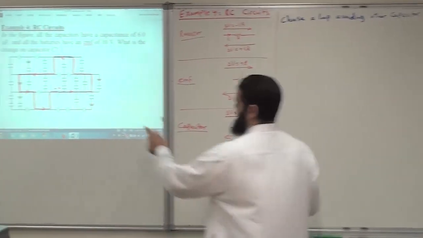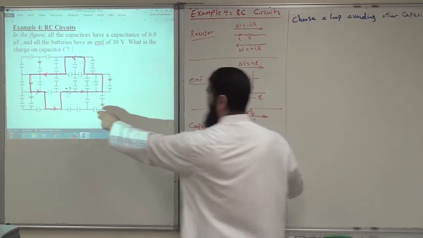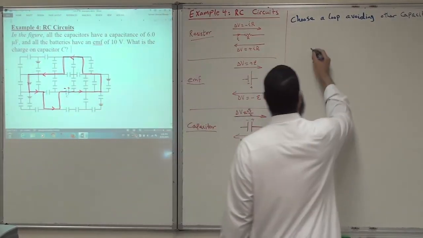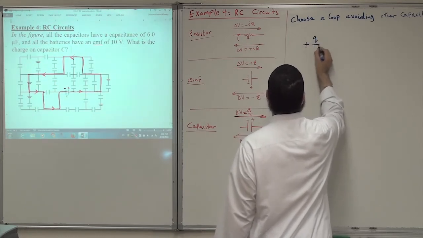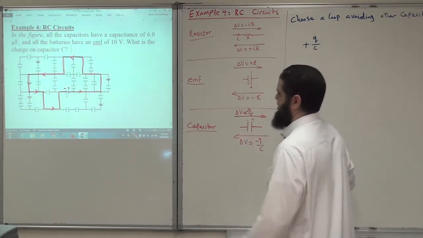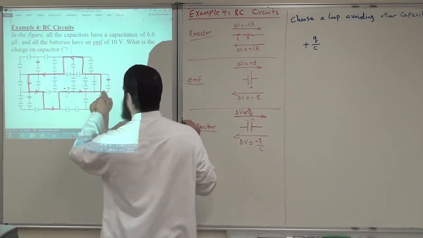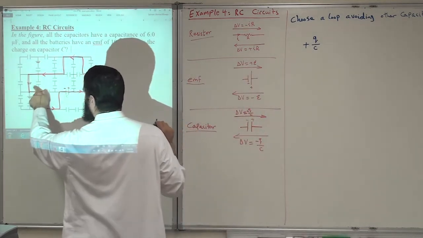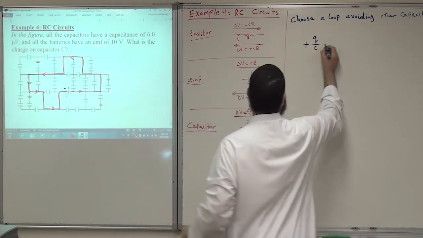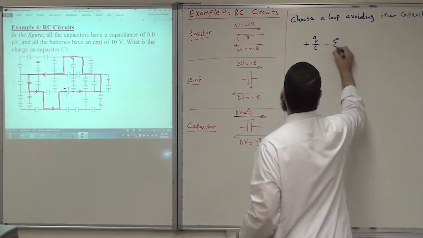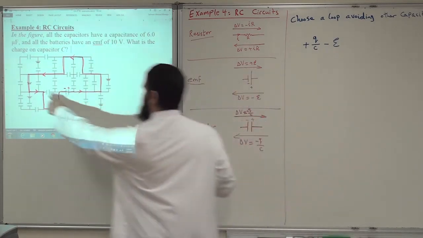Let me apply the Kirchhoff rule here. I am moving through a capacitor from negative to positive, so this will give me plus Q over C. Here no component until I go through this battery from positive to negative, so this will be minus E. And nothing else.